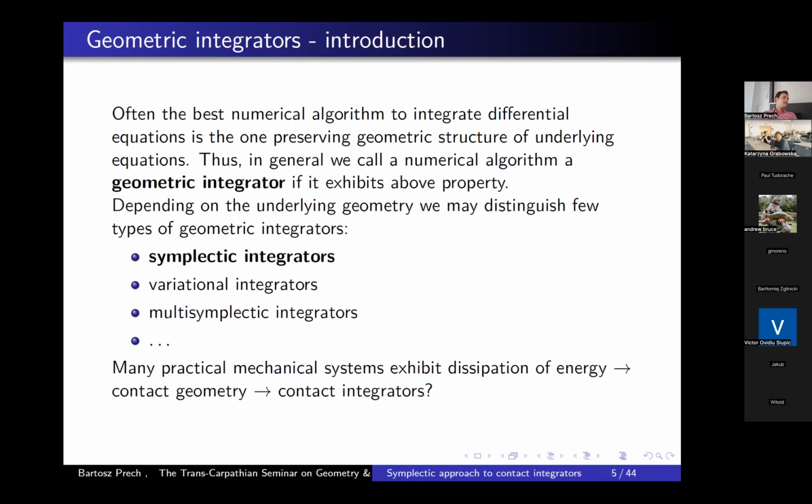For instance, for a damped harmonic oscillator, there is dissipation. The claim that you cannot use symplectic geometry is not completely true, because you can use forced Hamiltonian systems. So you model a system with dissipation and add the dissipative terms as one external force.